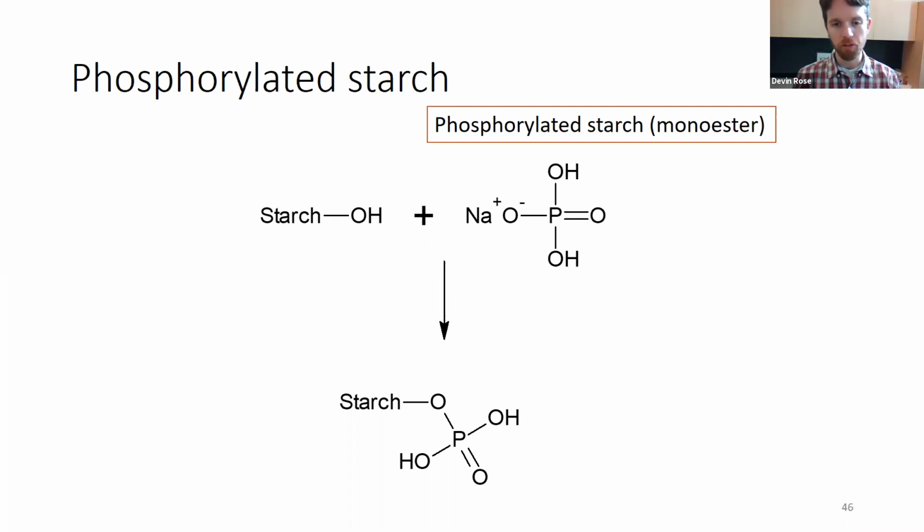So frozen foods, where we need to really prevent syneresis from happening. But unlike the acetylated starch, these starches are going to be susceptible to pH changes as well as ionic strength because of the polar nature of the substituent group.